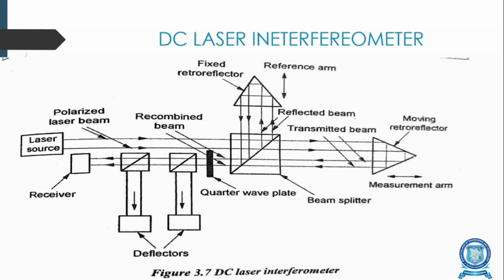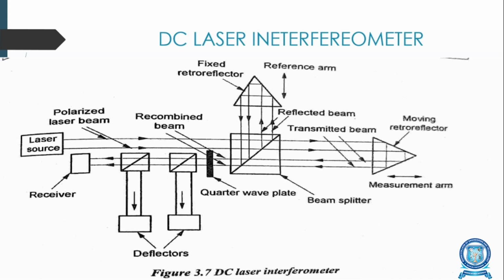The polarization sensitivity of the detectors can be set so that the outputs have relative phases of 0 degree, 90 degree and 180 degree. The outputs of the three detectors can be used to distinguish the direction of movement and also the distance moved by the moving retroreflector attached to the surface whose displacement is to be measured.